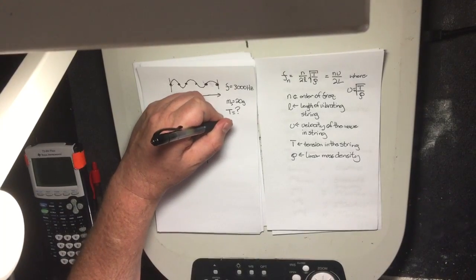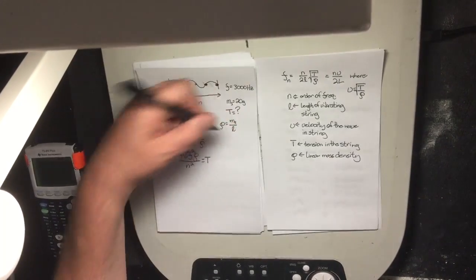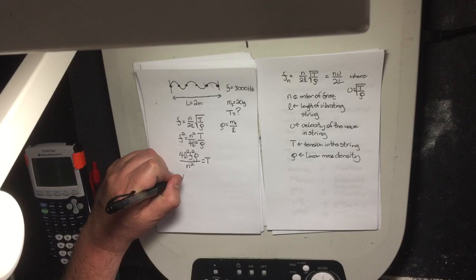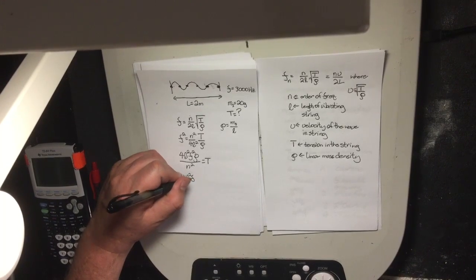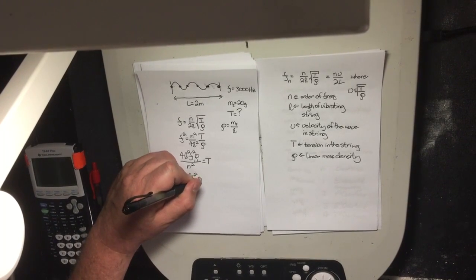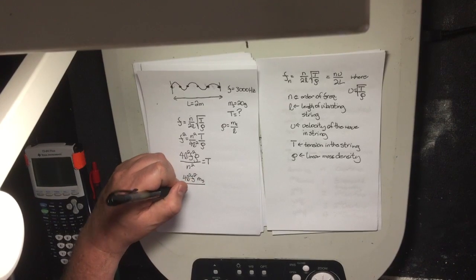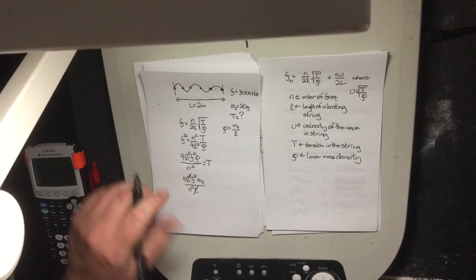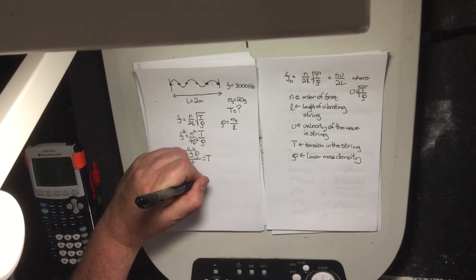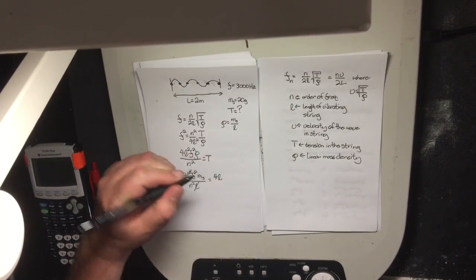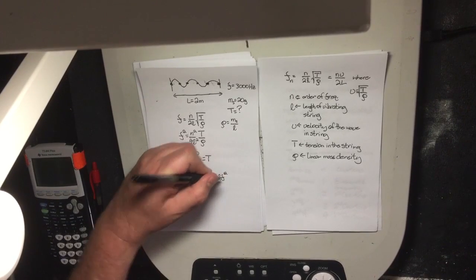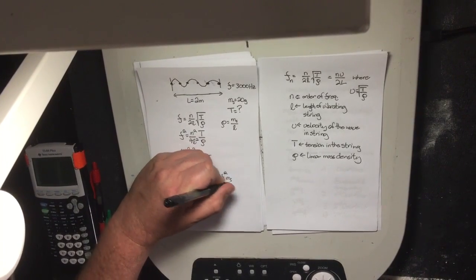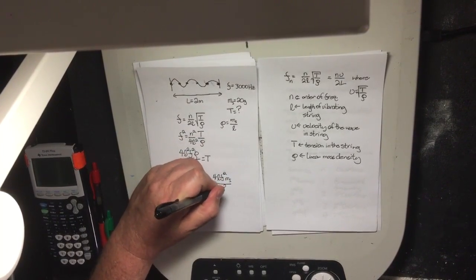Rho is the mass of the string divided by L. So this becomes 4L squared F squared times the mass of the string divided by n squared L. And this gives you 4L F squared ms over n squared.